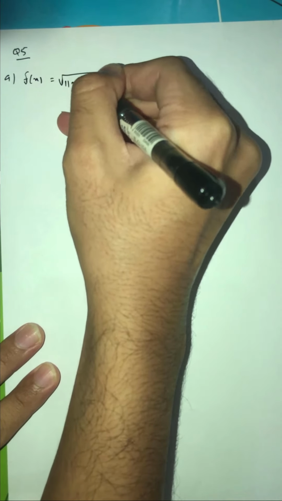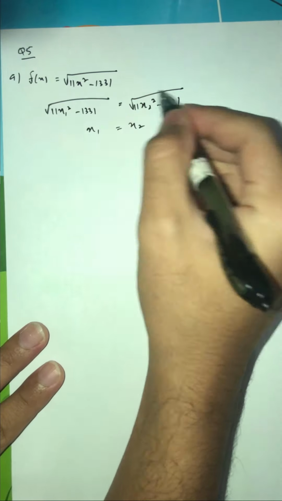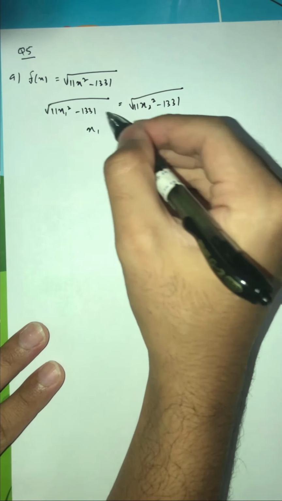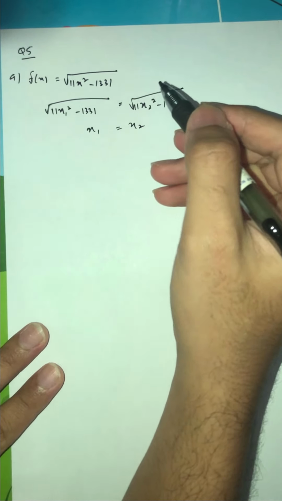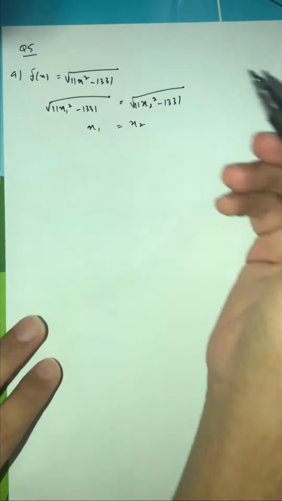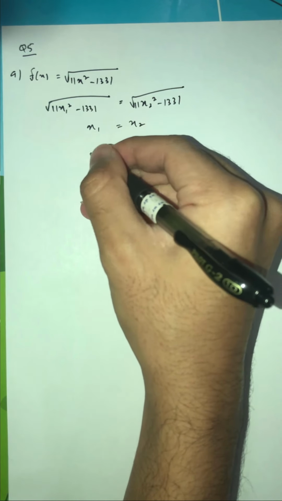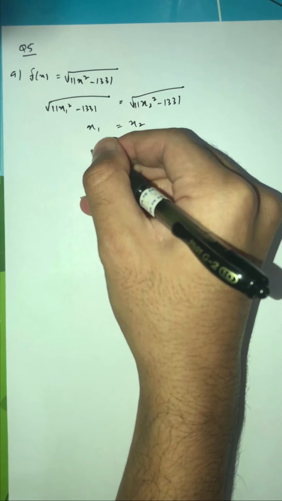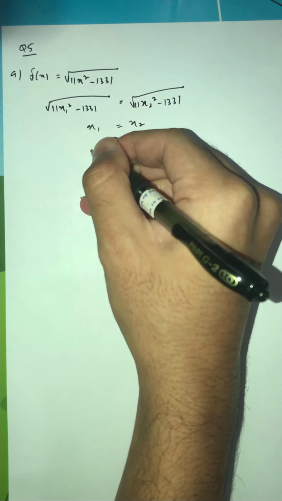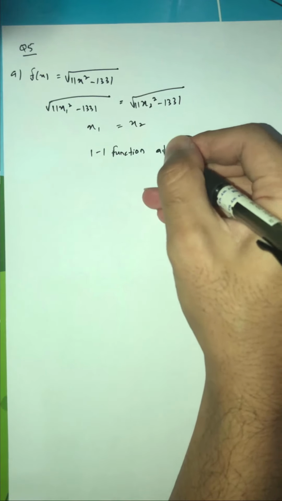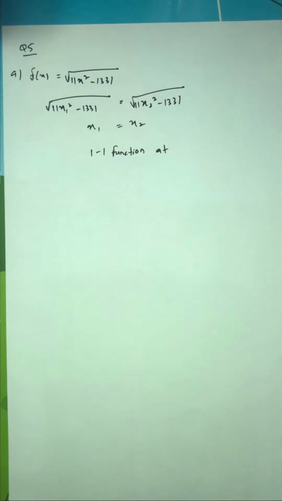I hope you know everything will cancel out each other, right? And because of the square root, the square is also removed, so there's no plus minus, right? So x1 is equal to x2, which means it is a one-to-one function, but there's a condition. At what?